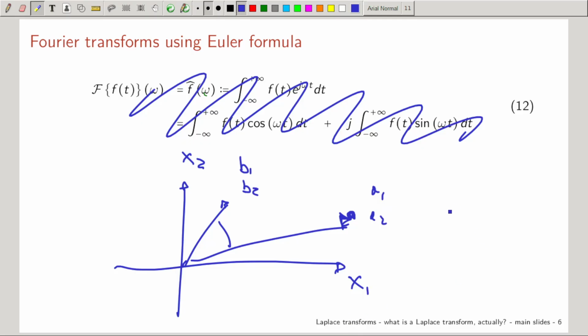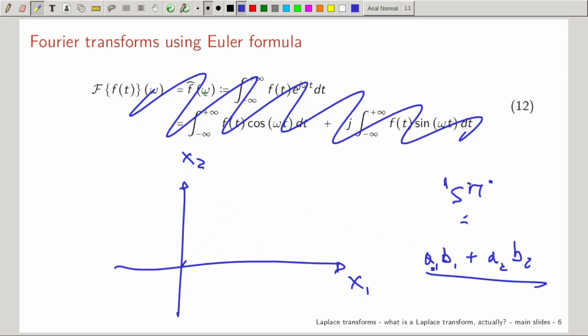You saw an operation that is this kind of similarity measure equals A1 B1 plus A2 B2. This operation, you already saw it, true? How many of you saw this formula before?